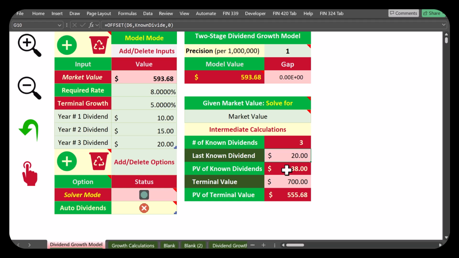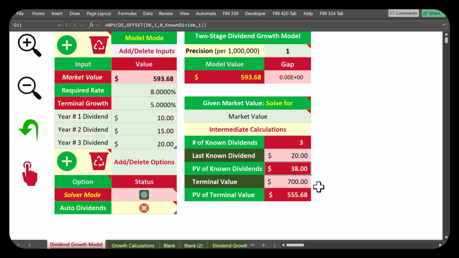This calculates the present value of known dividends. It's better to look at it from here. It uses the NPV function and OFFSET to figure out exactly which numbers to use. So the present value of the first 3 dividends is actually $38.